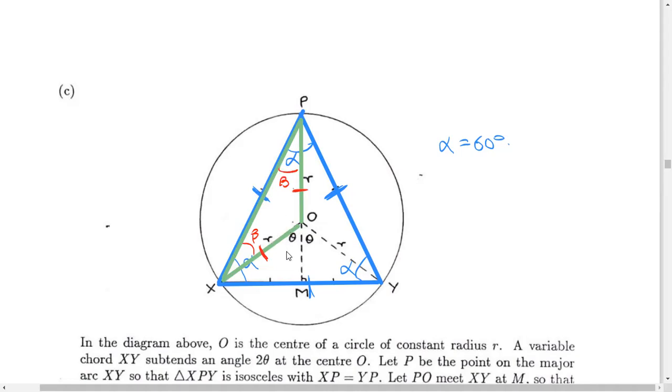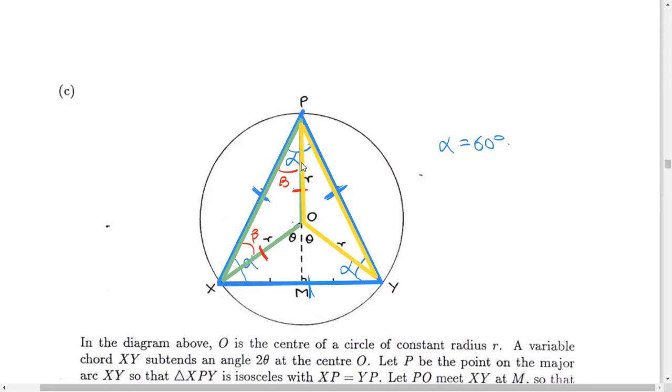And therefore, if alpha is 60 degrees, and also looking at the yellow triangle, which is basically the same triangle over there, again, this angle here must equal this angle here.